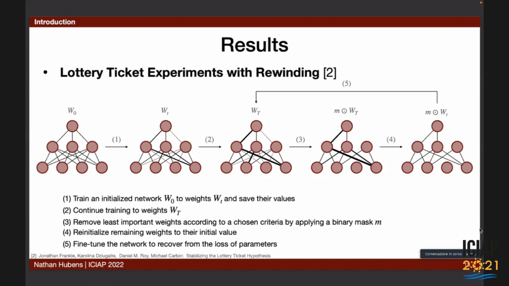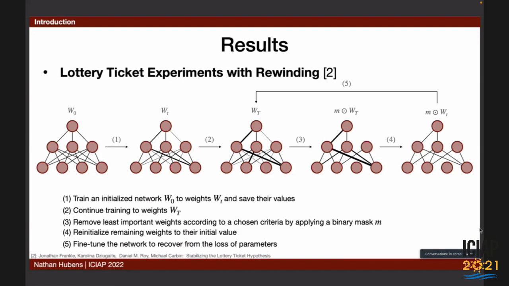So these experiments consisted of 5 steps, very similar to the iterative pruning procedure. We start from a freshly initialized network and train it for some iterations and save the set of values of weights.